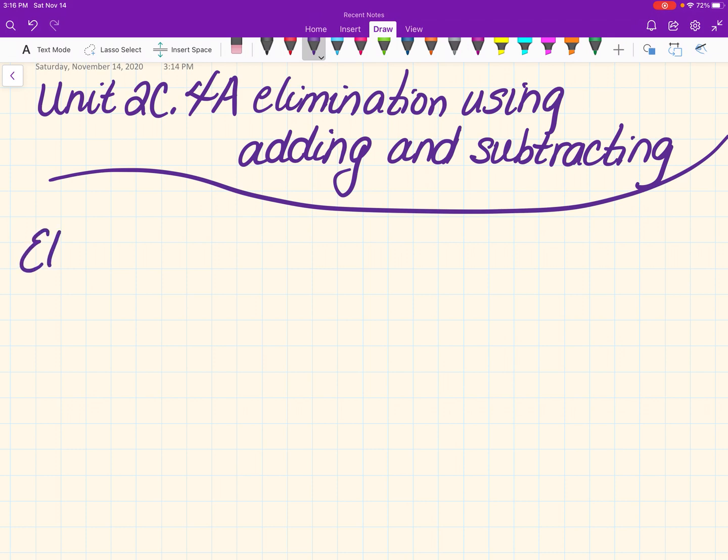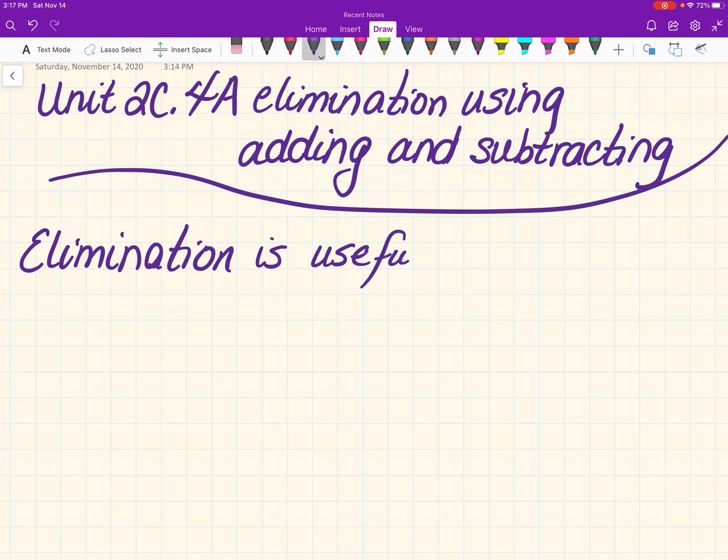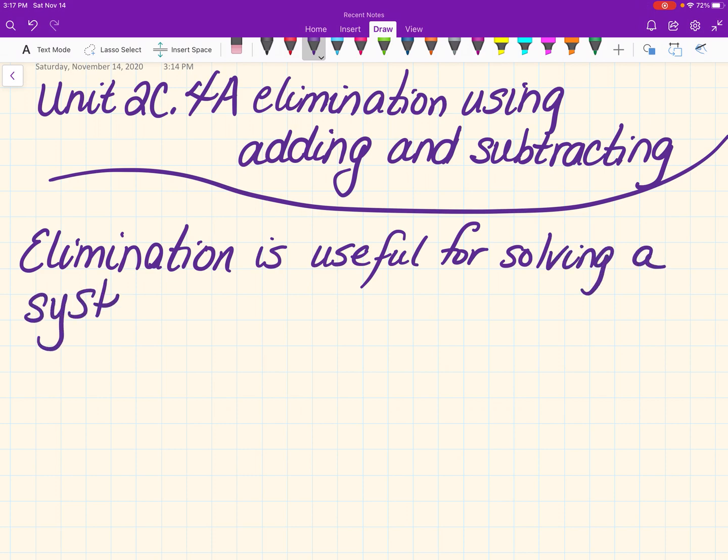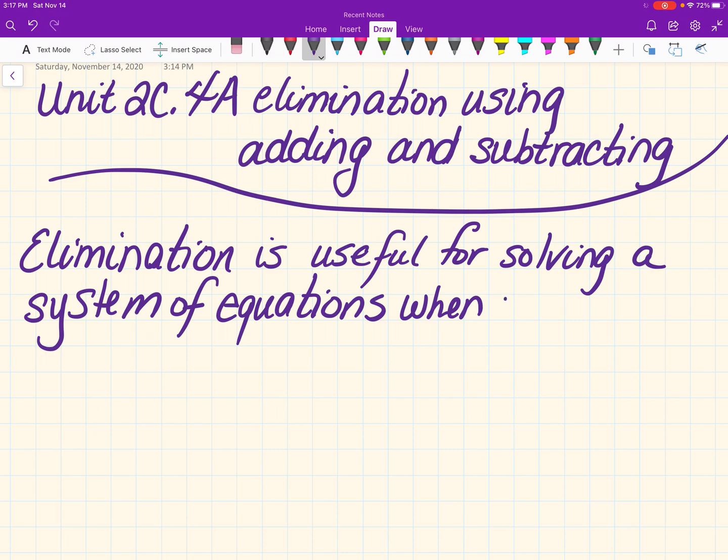Elimination, write this down, is useful for solving a system of equations when neither equation has been solved for x or y.